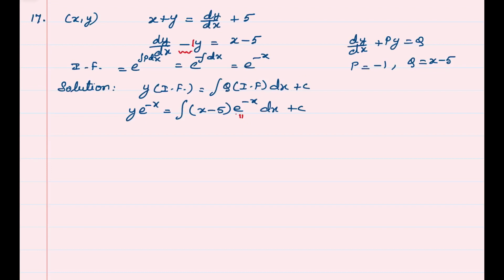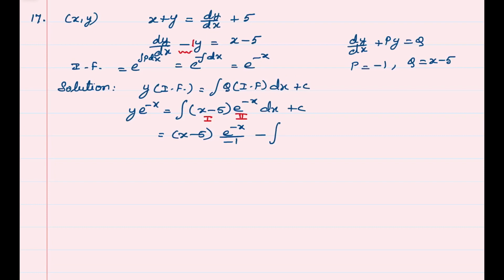We will take e to the power minus x as the second function and x minus 5 as the first function. First function into integral of the second function. Don't forget to divide by the coefficient of x, which is -1, minus integral of the differential of the first function. Differential of x is 1, differential of 5 is 0.